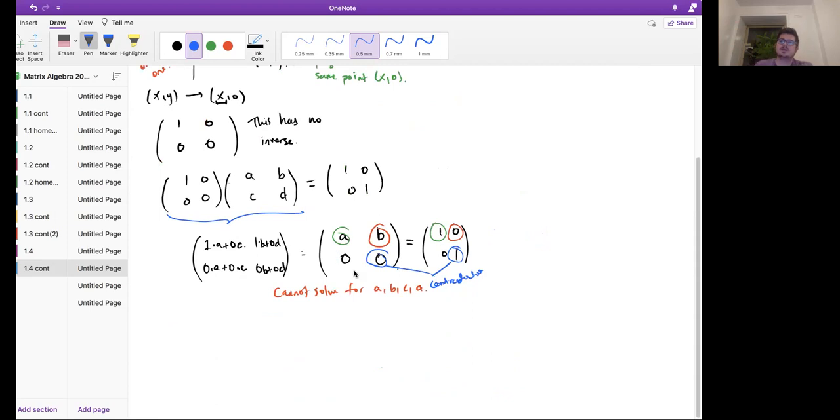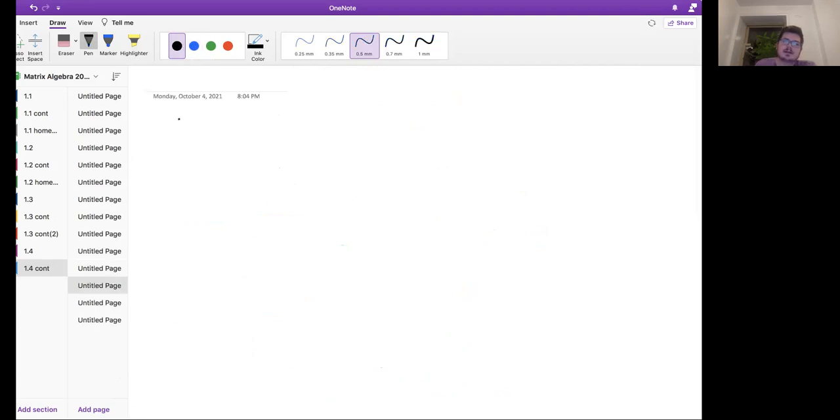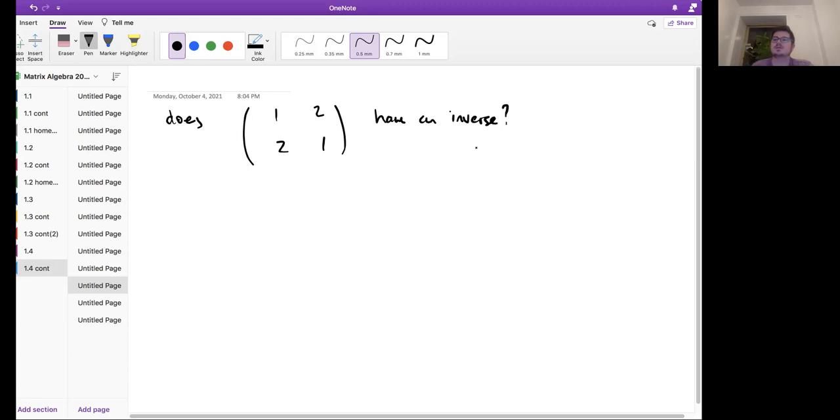All right, let's do an example. Let's say, does this have an inverse? If it did, what would the inverse look like?